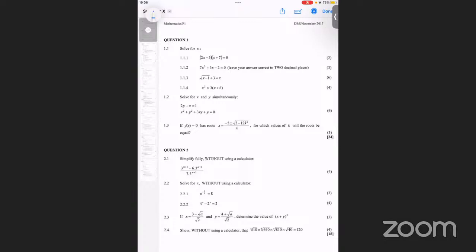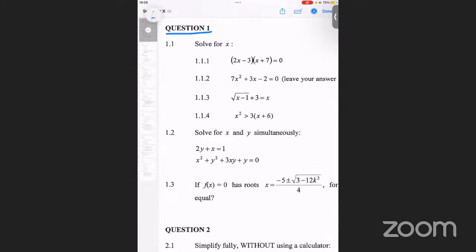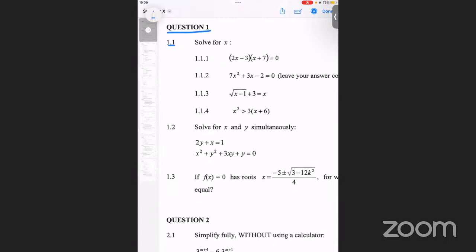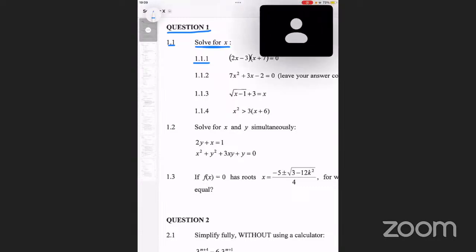It doesn't matter the type of maths you are doing, you will always apply the same mathematical principles. In answering your question, you will have your question number one there, then you write 1.1. It's fine even if you write solve for x. Most importantly, before you answer a question, please make sure that you write 1.1.1 so that it is clear that what you are answering is for that specific question.